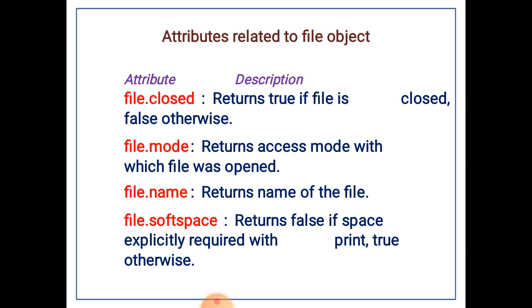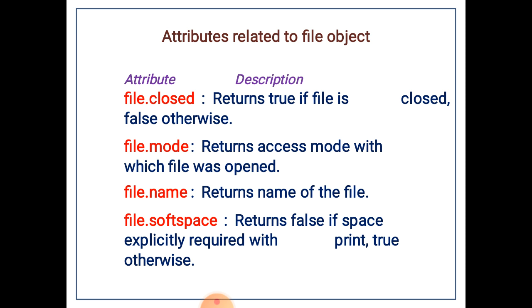Because sometimes, due to huge files or a large number of files, we may forget the name of the file even though the file is opened in front of our eyes. So file.name gives out the file name.